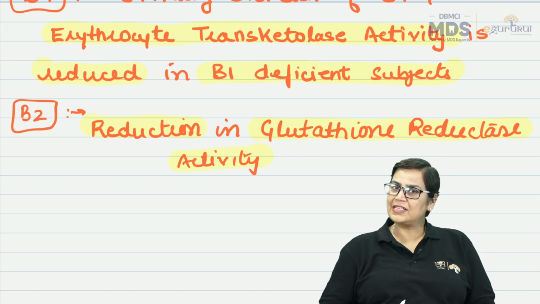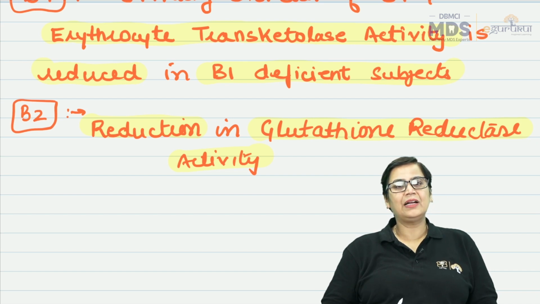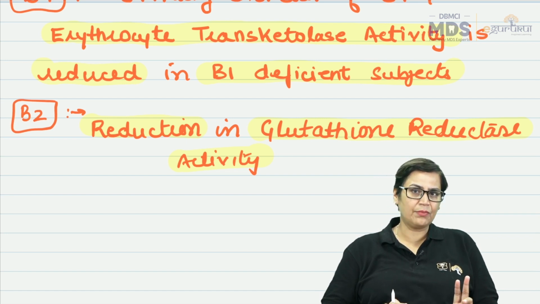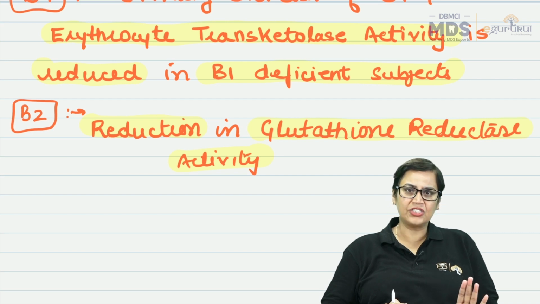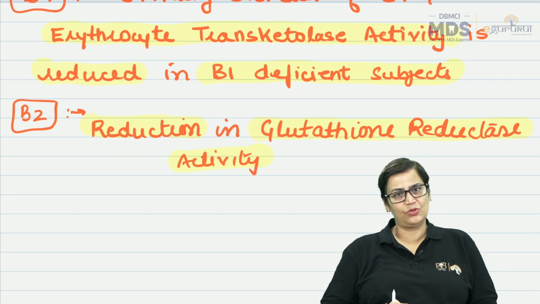So if a question is asked like this, that a biochemical test shows a reduction in transketolase, the subject is B1 deficient. But if it is showing that there is reduction in glutathione reductase activity, the answer is B2.